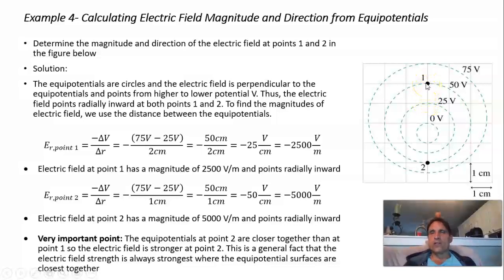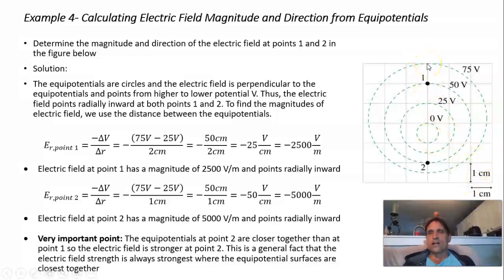So what we do here is we know that the potential goes from 75 volts at this distance right here to 50 volts here to 25 volts here. In other words, it decreases by 50 volts, from 75 to 25, over a distance of 2 centimeters, because each square is 1 centimeter.